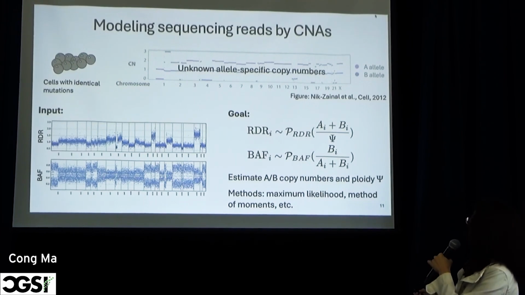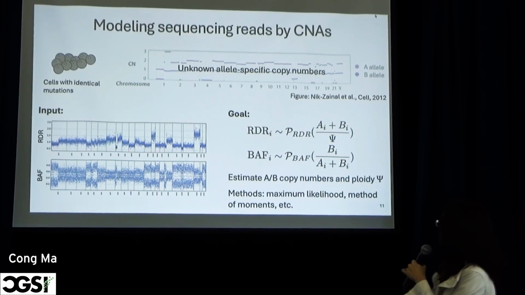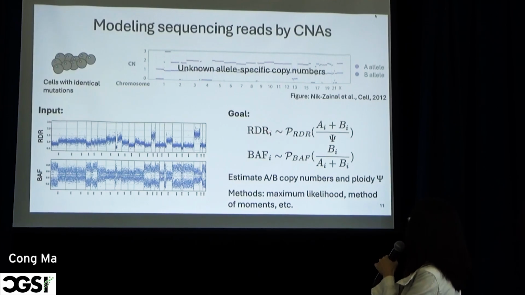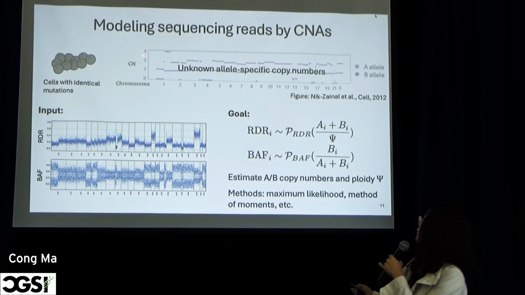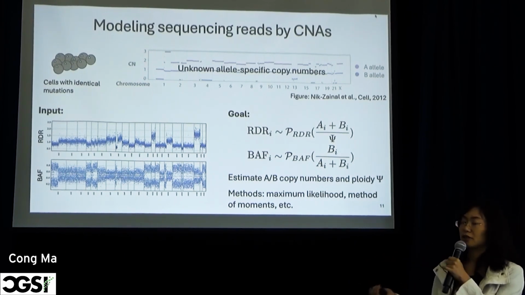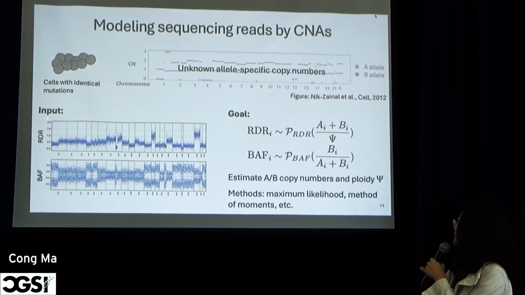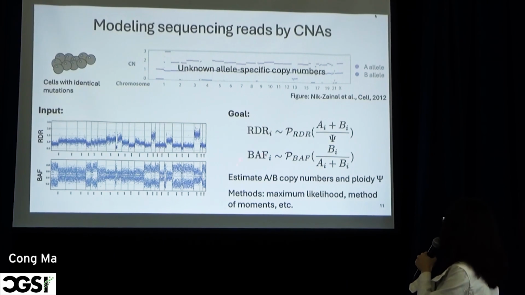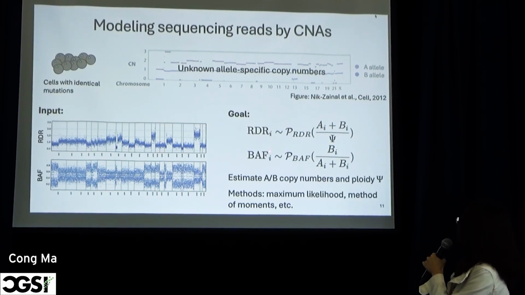So given a specific copy number profile, we can derive what we expect the RDR and BAF values to be. But here we don't know the true copy number in a general new sample. Instead we have the sequencing data, where we can compute RDR and BAF at each genome locus, and we can take these as input to back-infer the allele-specific copy number, the A copy and the B copy, at each genome locus.